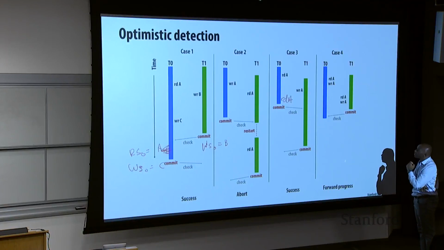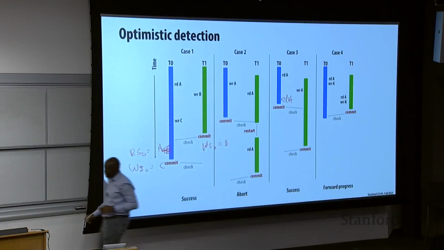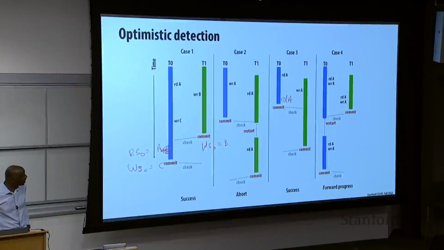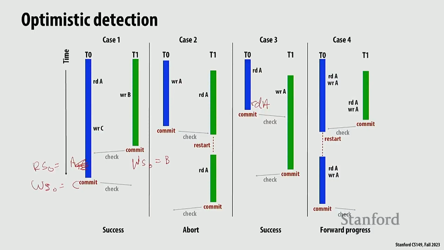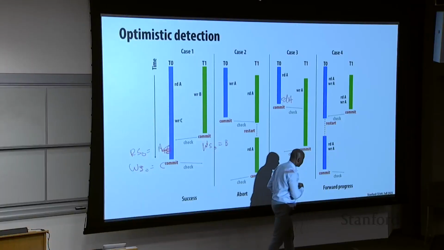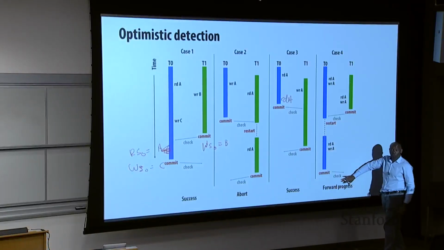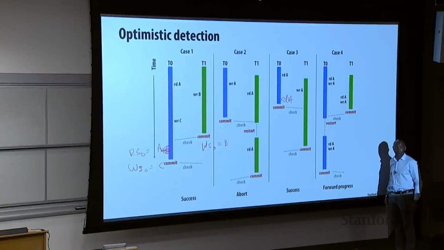Yeah. T0 should restart because we have a conflict between the committing transaction and the transaction that already exists. And then we restart, and then we go ahead and commit. And in this case, for the pessimistic detection, there was no forward progress. But here, with optimistic, you do get forward progress.